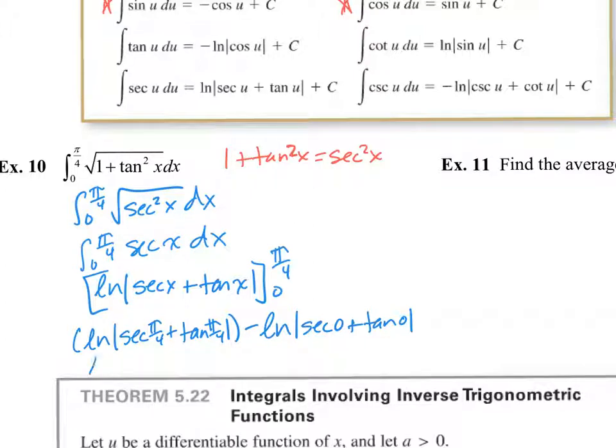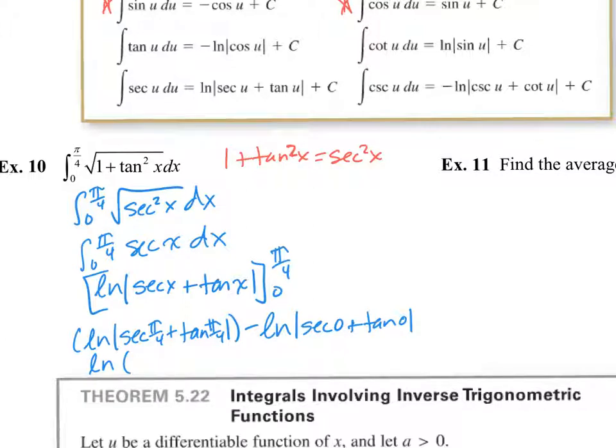That would be the natural log of, now secant of pi fourths and tangent of pi fourths are both going to be positive, so we can drop the absolute value sign. And let's recall that secant is the reciprocal of cosine, so we can take the cosine of pi fourths and then flip that over. So let me just do this over here to the side.